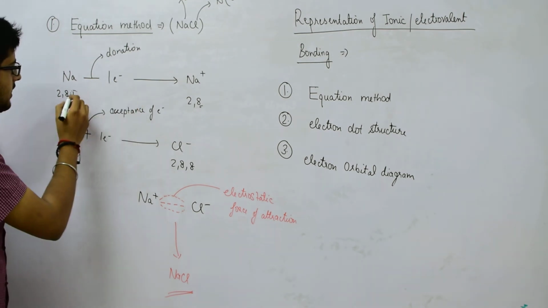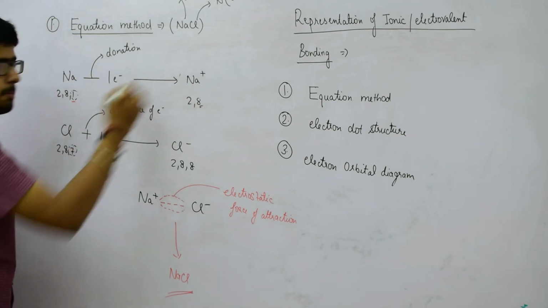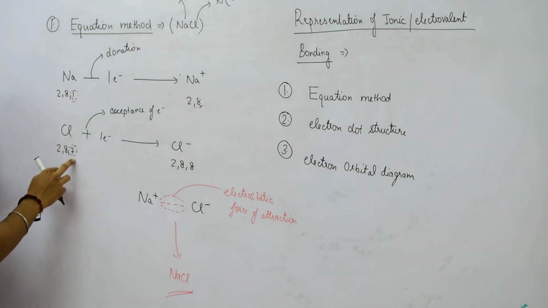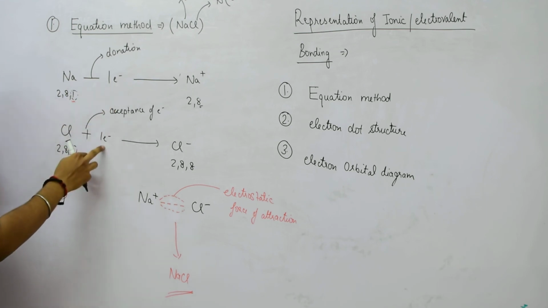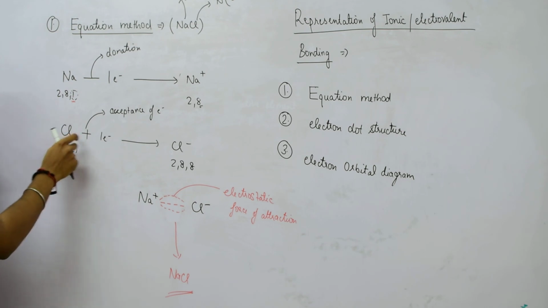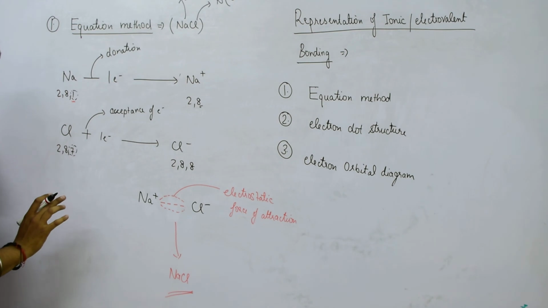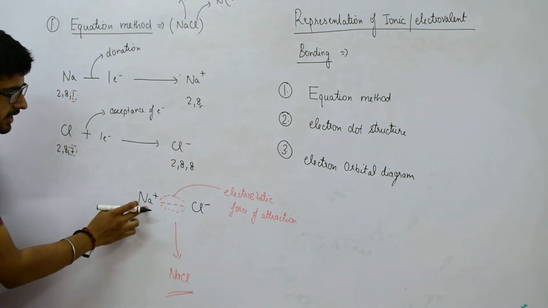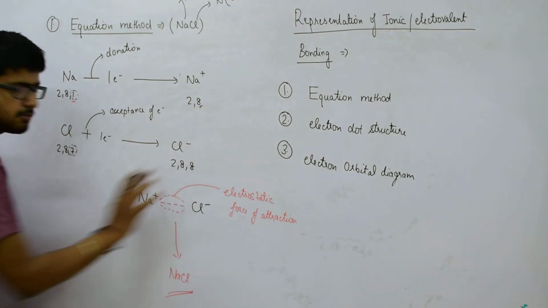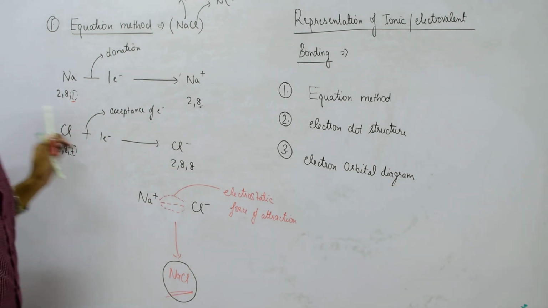One electron is donated; now it has only 2,8 electrons, and it is converted into Na+ cation. Chlorine, with electronic configuration 2,8,7, accepts this electron and gets converted into Cl- ion. Both are stable because they have 8 electrons in their outermost shell. Now the sodium cation and Cl- anion are linked by electrostatic force of attraction, leading to the formation of NaCl.